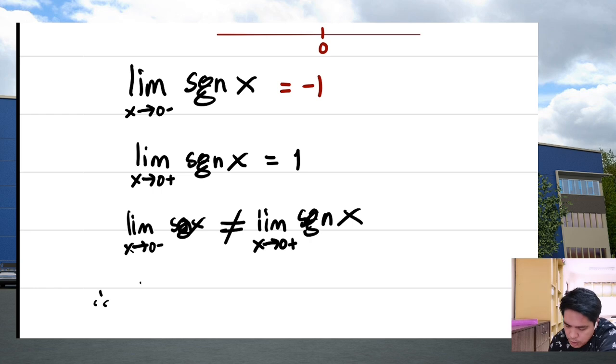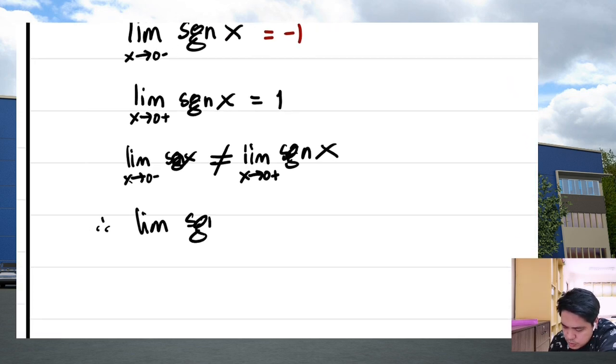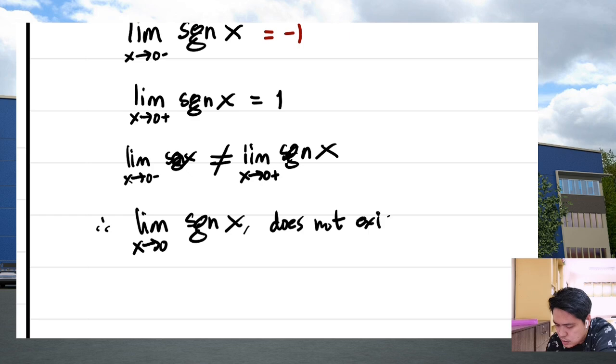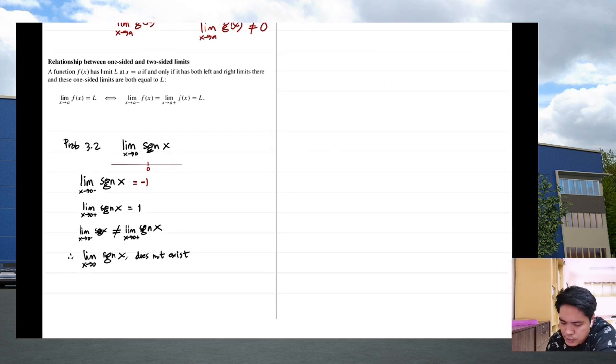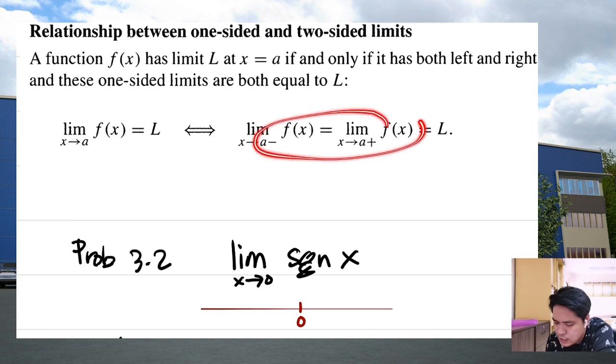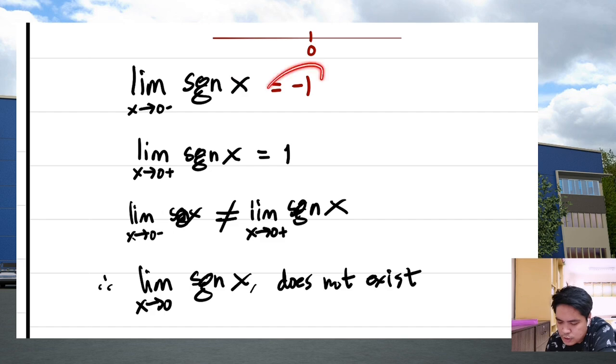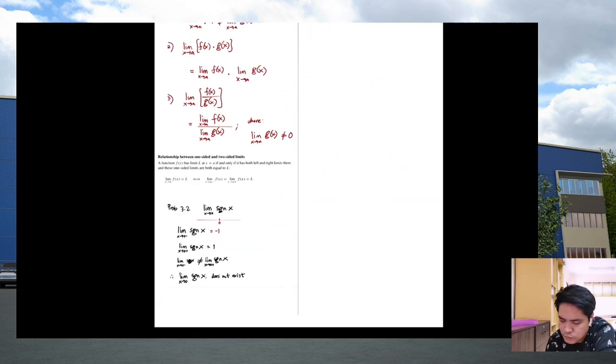So, therefore, the limit of signum x as x approaches 0 does not exist. So, DNE, does not exist. Because it will only exist if they are the same, left and right. Dito magkaiba. Sa left is negative 1, sa right is positive 1.